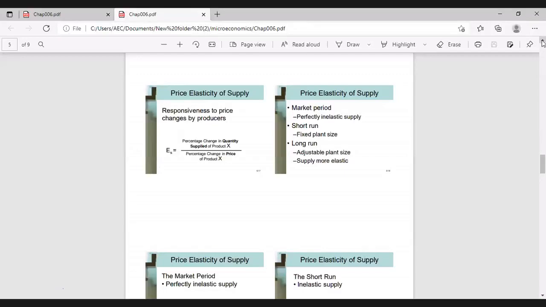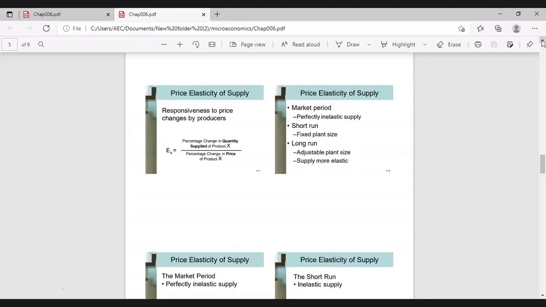How easily they shift the resources between the alternative products or uses depends on time also. So we categorize the time as market period, short run, and long run.